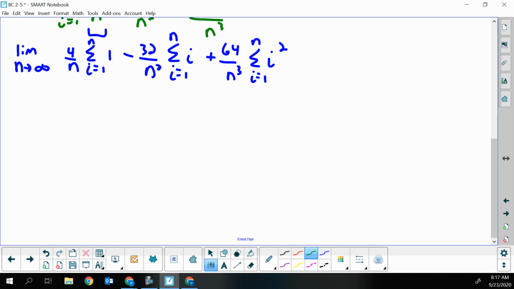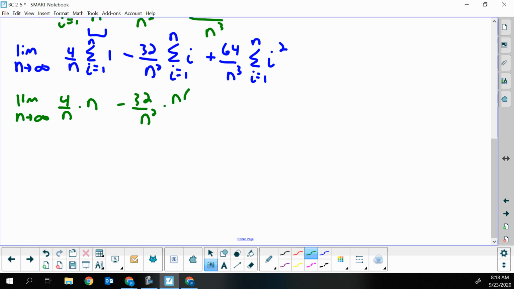Well, now we just have to do each of our formulas. So we've got the limit as n approaches infinity. We'll have 4 over n times our constant formula, which is just the constant times n. So we'll have 1 times n, which is just n. Here we'll have negative 32 over n squared. Our i formula is just n times n plus 1 over 2.